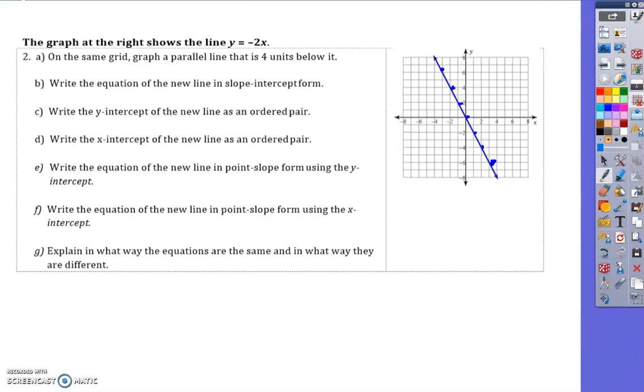And so then all of those dots are going to shift down 4 units. And so our new line is going to be y equals negative 2x minus 4, because it's 4 units below it. And so, this looks terrible.